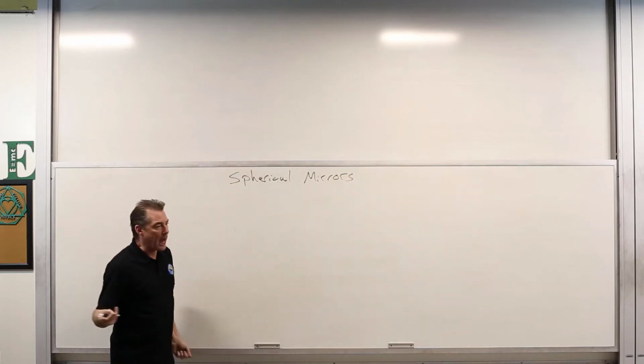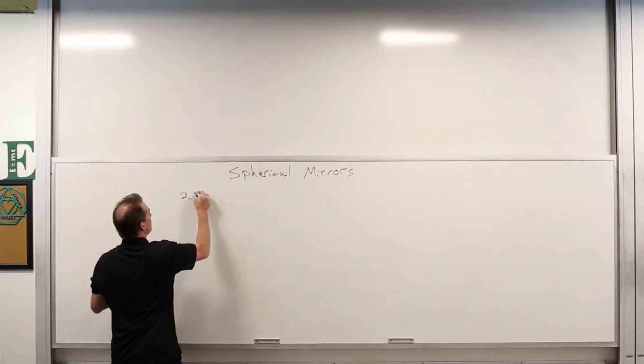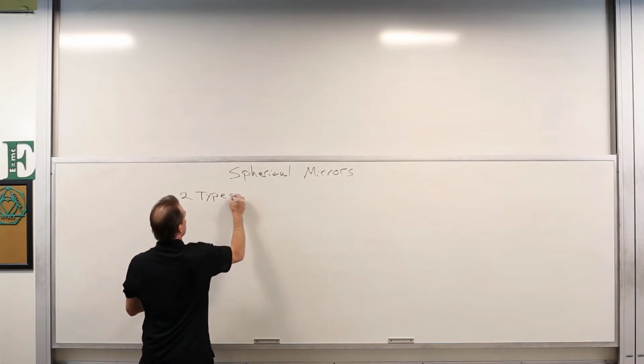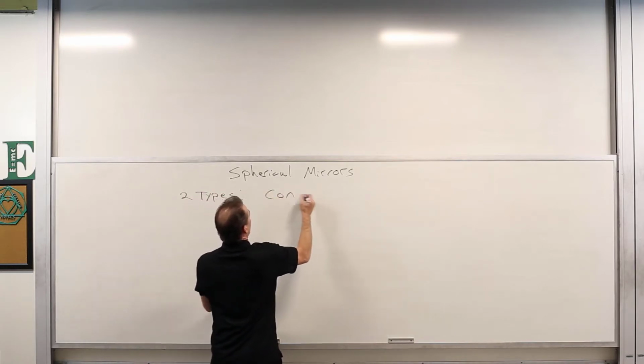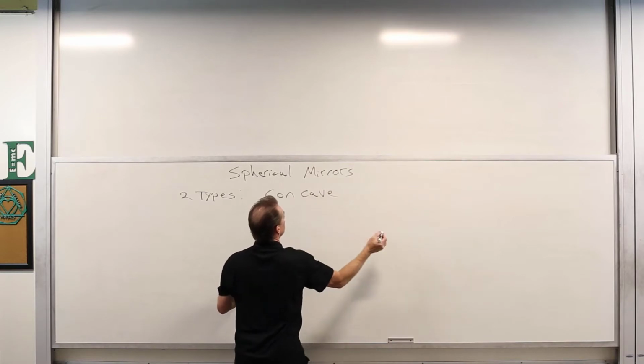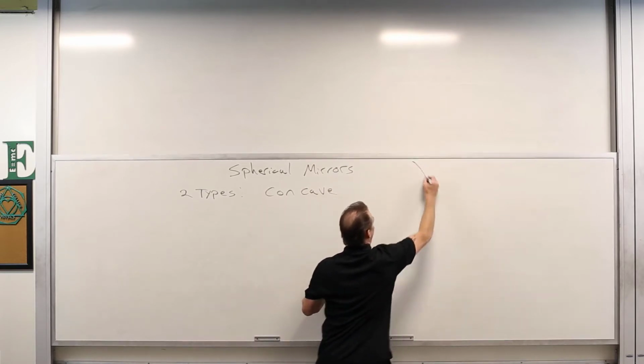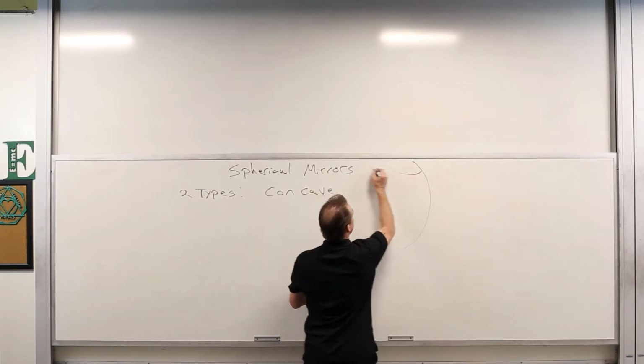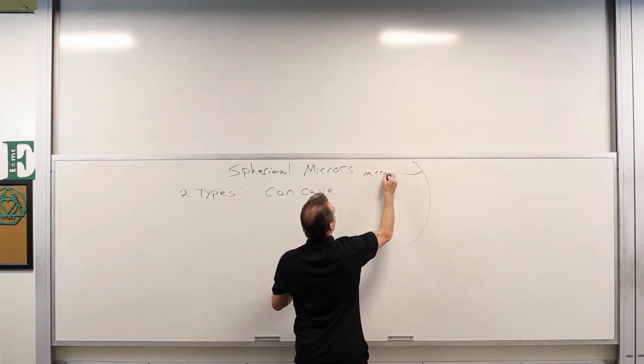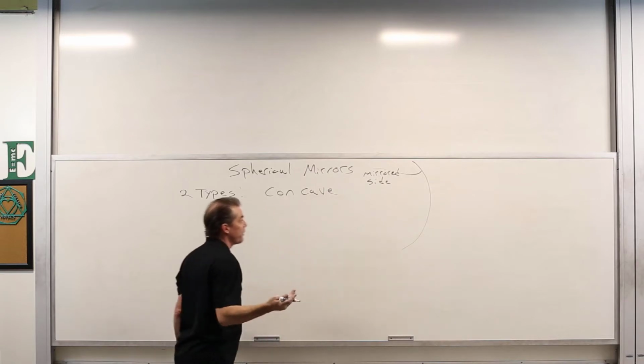So, there's basically two types of spherical mirrors. Two types. Concave, which is something like this. This is the mirrored side, or the reflective side, if you will.